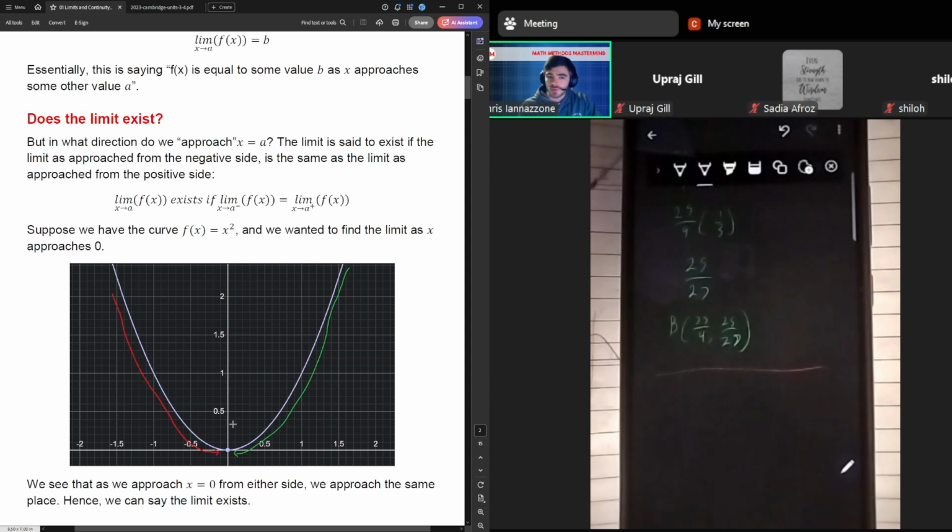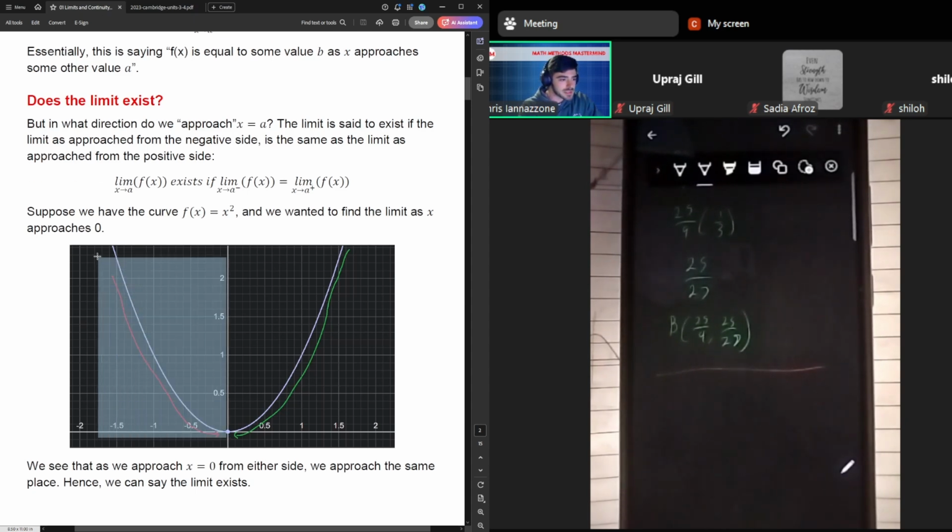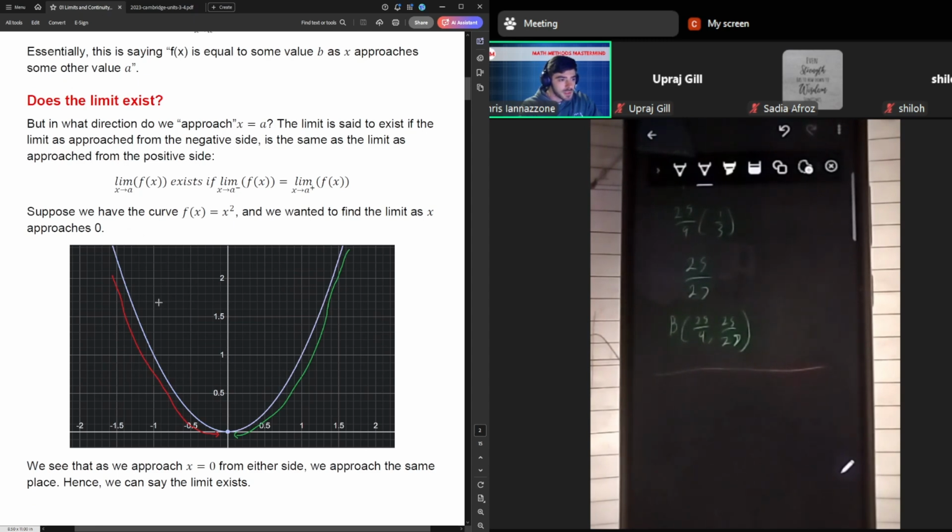Just to demonstrate the example, we'll look at a quadratic to start with. You wouldn't use it for quadratics, but you would at the very least be able to understand how a limit works from it. The way a limit works is you want to approach from both the left-hand side and the right-hand side of whatever your curve is. So you can imagine going down the curve. And in this case, we're looking at what happens as x gets closer to 0.